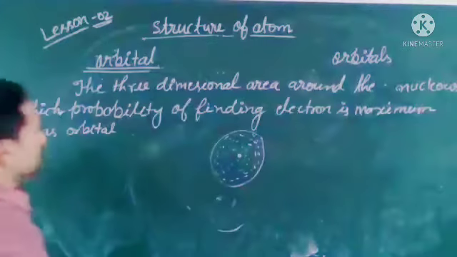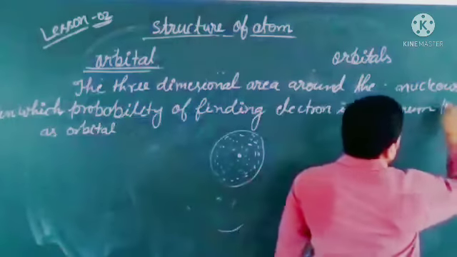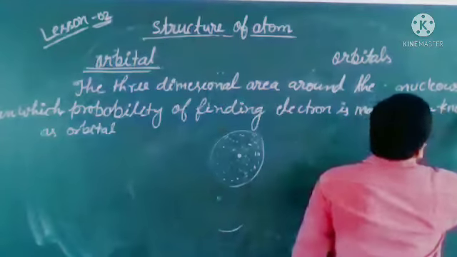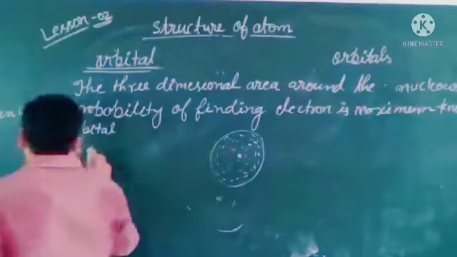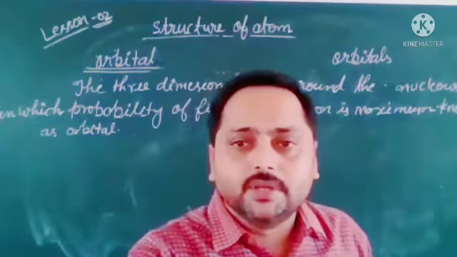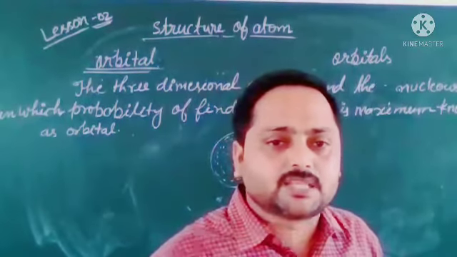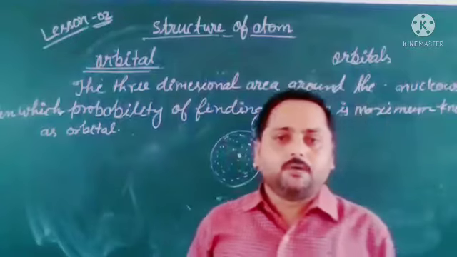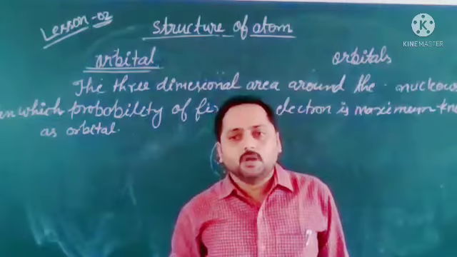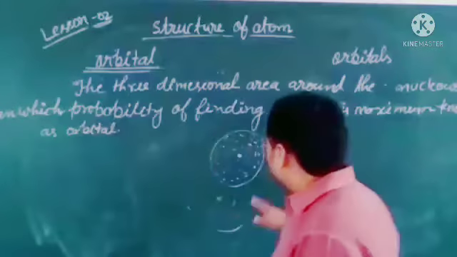One more time: the three-dimensional area in which the probability of finding an electron is maximum, known as orbital.